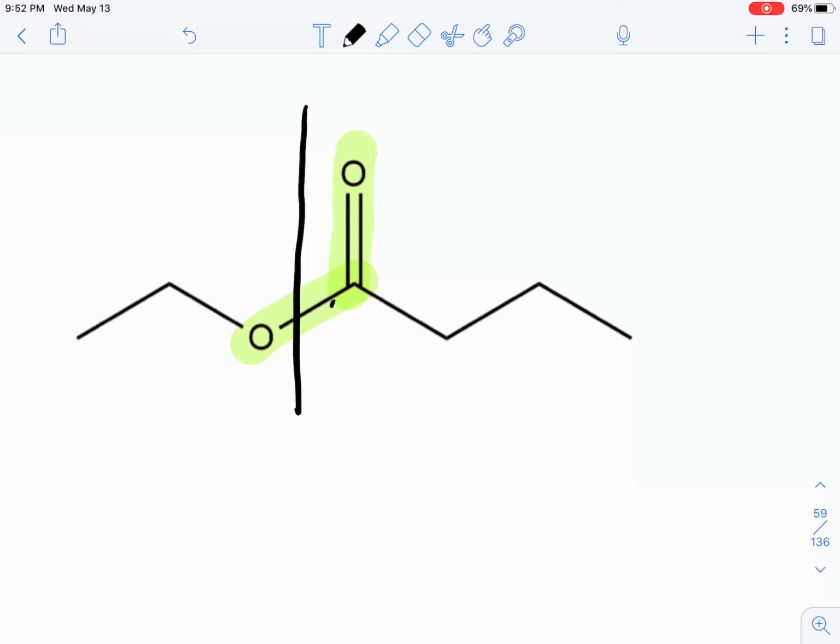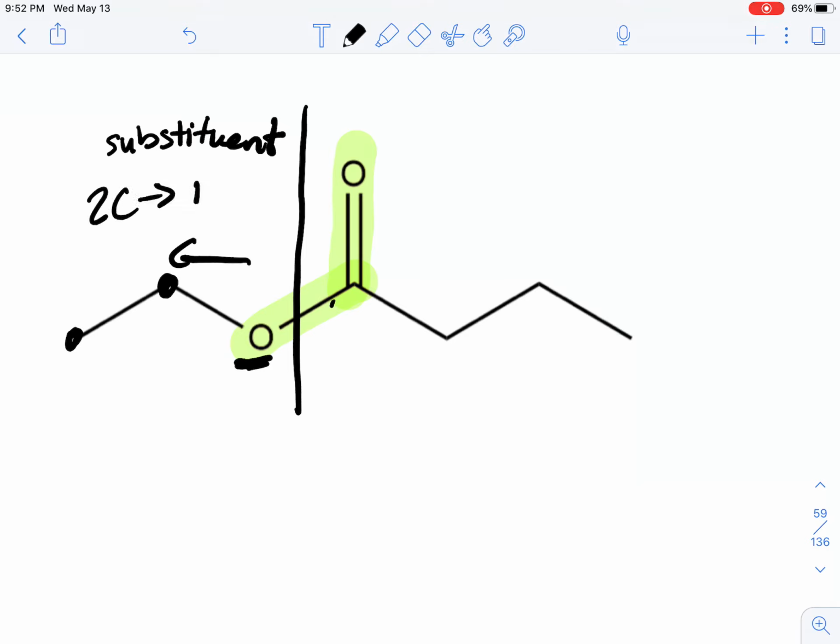And so since in this scenario the molecule is flipped, that means that anything to the left of the ester oxygen is going to be my substituent. In this case, I have a 1, 2 carbon compound, so I know that I'm going to use my prefix eth. So since this is a substituent, it's going to be ethyl.